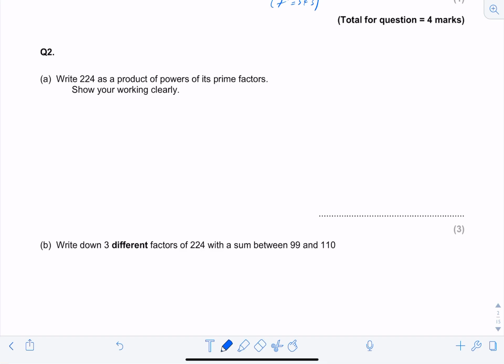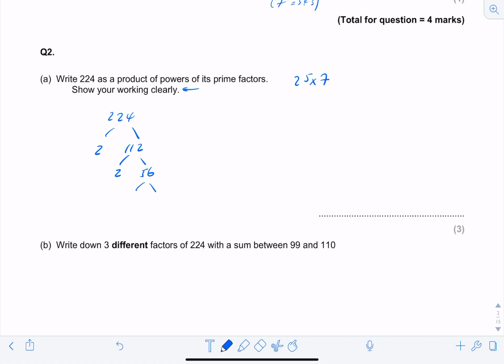Okay, now I can check it on my calculator, which I'm going to do first. 224, fact is, my answer should be 2 to the 5 times 7. But it says show your working clearly. So what I'm going to do is take 224. I know it's an even number, so I can divide by 2. That's 112. I can divide that by 2, that gives me 56.